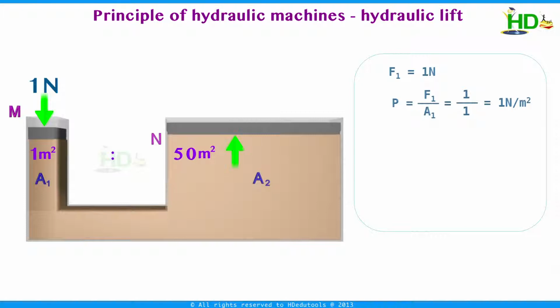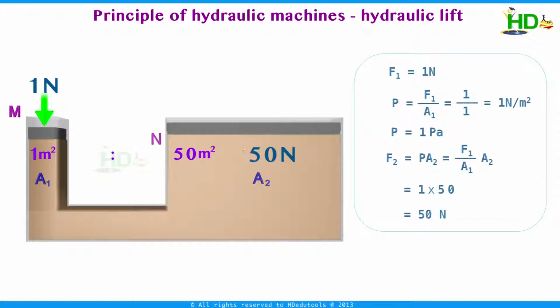The same pressure, 1 Pascal or 1 Newton per meter square, is exerted on this piston, and in this case the force is nothing but pressure into area. This is equal to 1 into 50, which is 50 Newton. Here we are applying a small force, that is 1 Newton, but we are able to produce 50 Newton force here. This is one of the applications of Pascal's law. Using this principle, a heavy weight can be lifted using a small force.